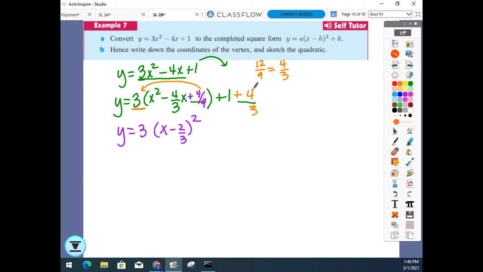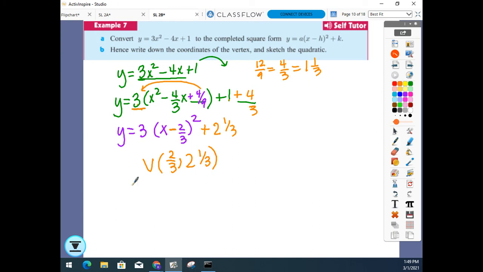All right, so 4/3 is just 1 1/3, plus this one is 2 1/3. All right, that can be a little rough. You might need a little extra practice with that. But our vertex is 2/3, always the opposite, 2 1/3.